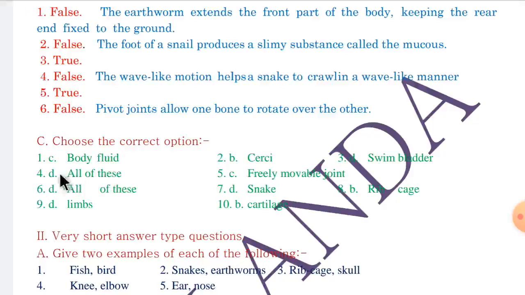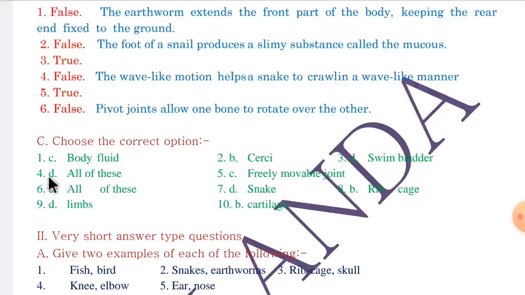Then next, the fourth one: which of these features help birds to fly? Streamlined body, hollow bones, wings and powerful chest muscles. These are all useful, right?